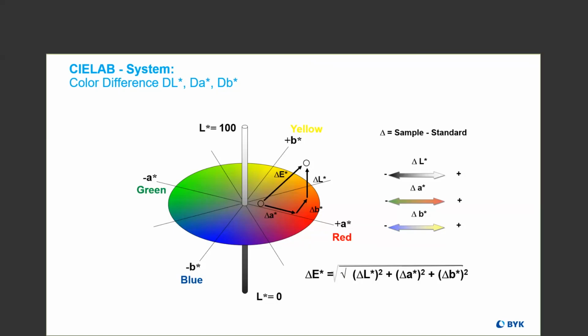Whenever possible, we want to just look at one value, have our pass-fail criteria on one value rather than three or more. That just makes things a little bit easier. So we really like to use the DeltaE value to calculate overall color difference and to set the tolerance on that to say if the DeltaE is above this much, it's an unacceptable match. If it's below this much, it's an acceptable match to the standard.